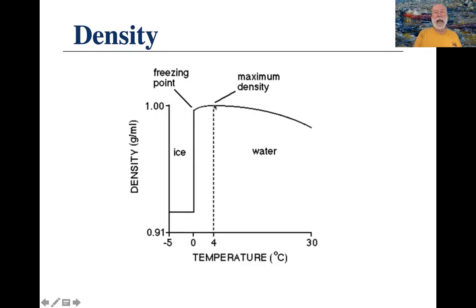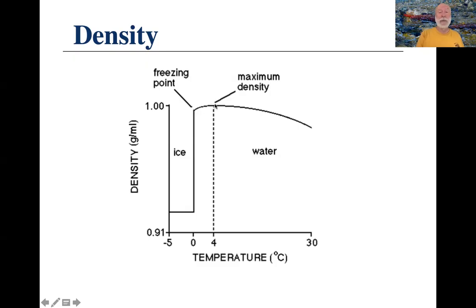Okay, and at that point, the density of fresh water is exactly 1.00000 grams per milliliter, or per cubic centimeter, because that is our definition of what a gram is.